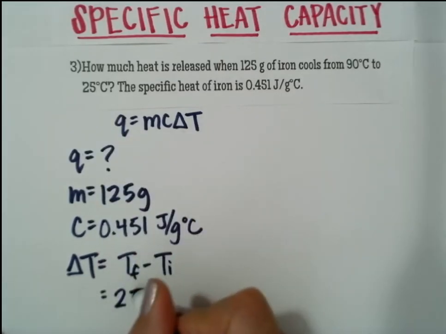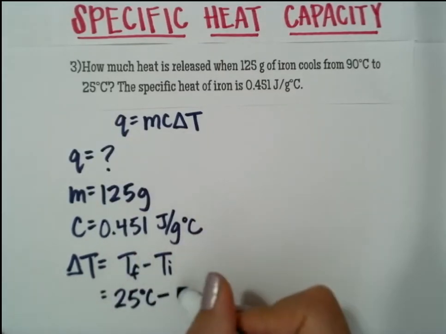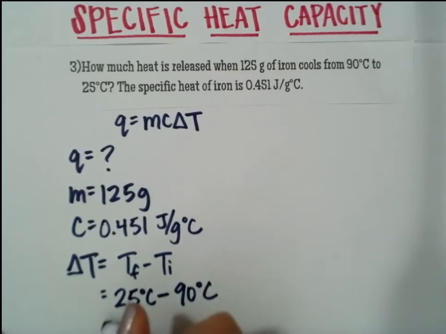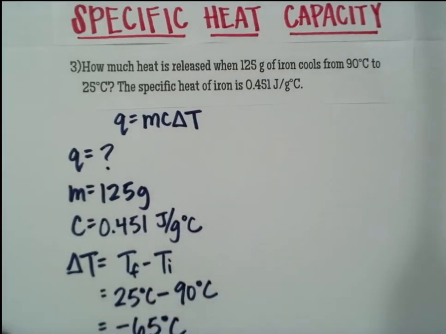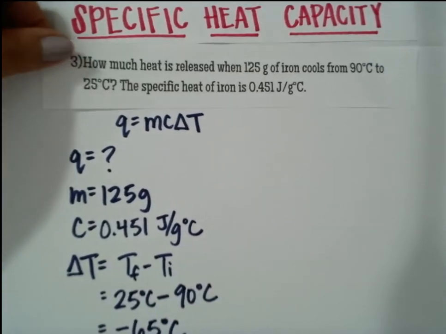So 25 degrees Celsius is actually going to be our final, and 90 degrees Celsius is going to be our initial. So when I subtract this, we're actually going to get a negative number, and that gives me negative 65 degrees Celsius for my delta T.